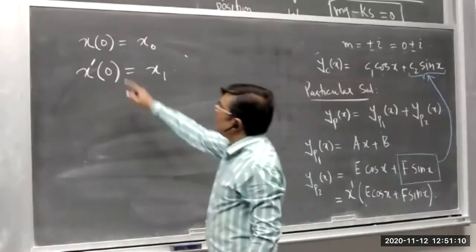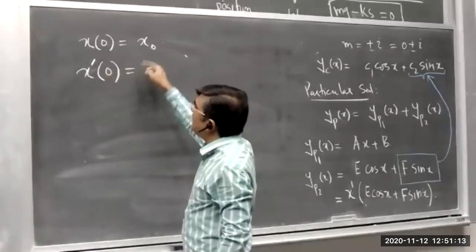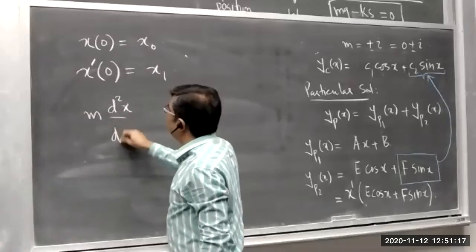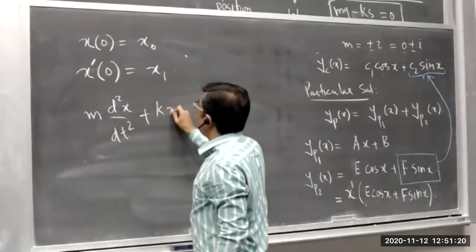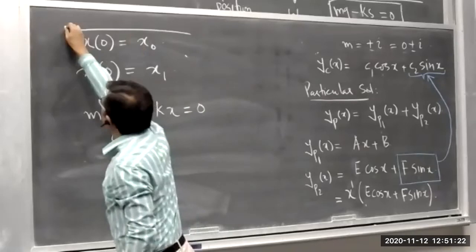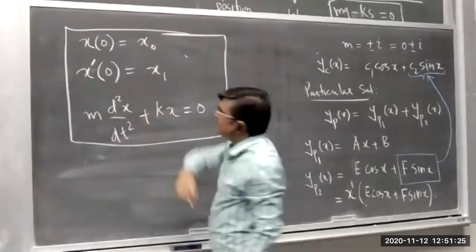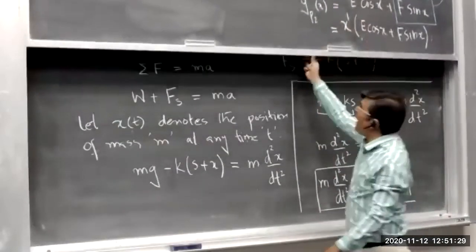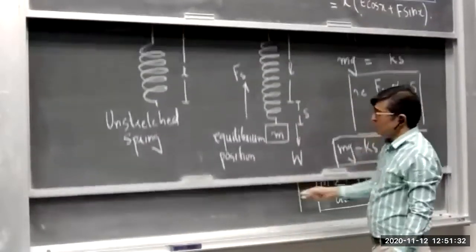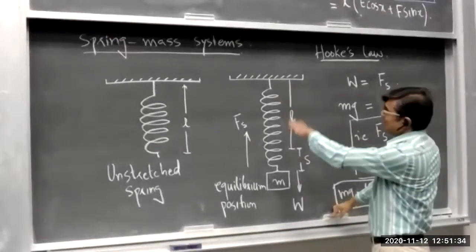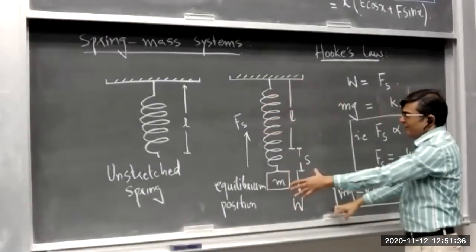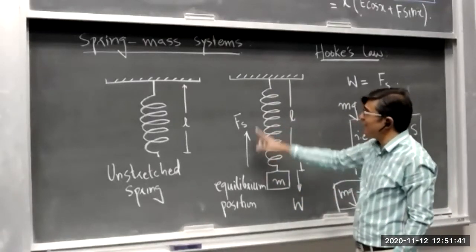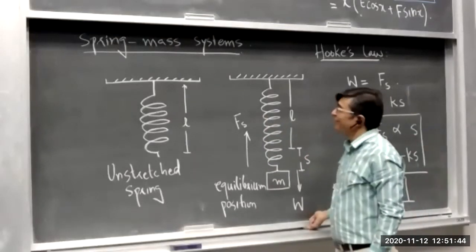Now, the problem along with these two initial conditions: what is the problem? m d square x by dt square plus k times x is equal to 0. This whole problem represents the motion of the mass in this spring mass system, when we are assuming there are only two forces acting on this mass, one is the restoring force and the other is the weight force.